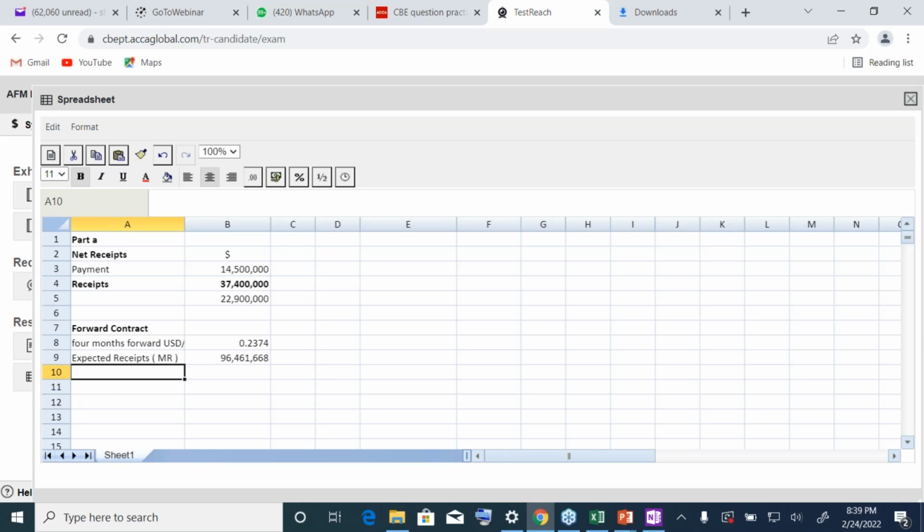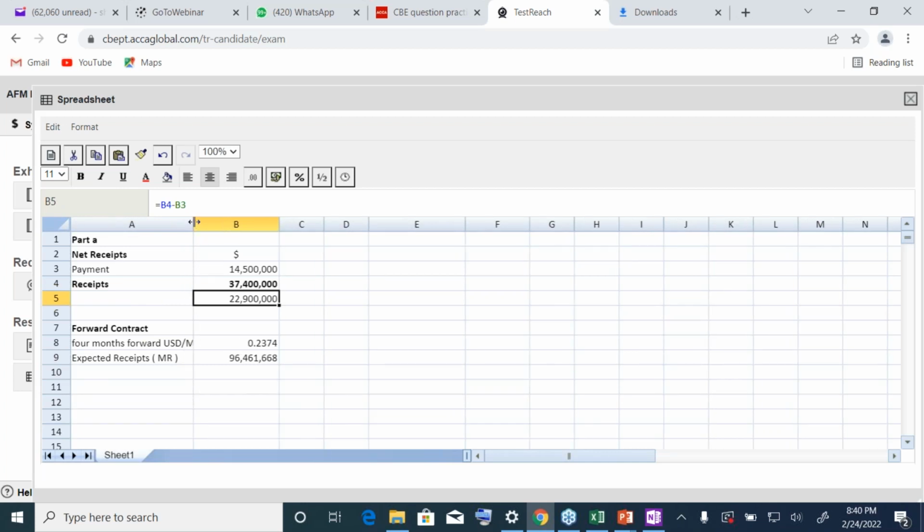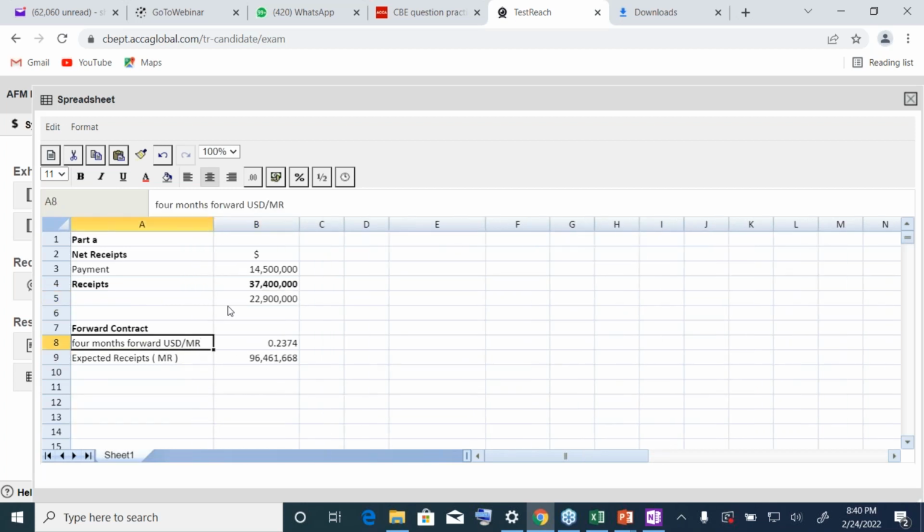Which rate for receipt or which rate for payment? It's very simple. Always consider yourself in an adverse position. This is a case of dollars and the rate is given in dollar over MR, so you need to convert dollars into MR. So you have to divide with the rate.